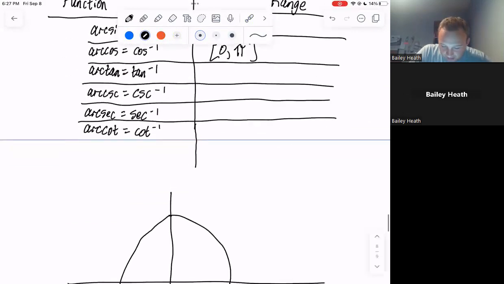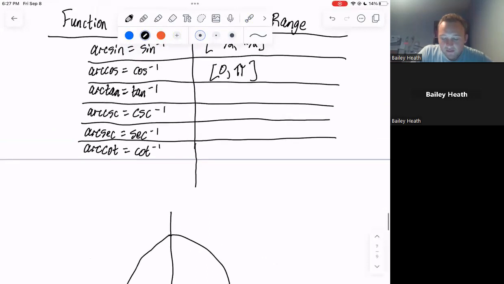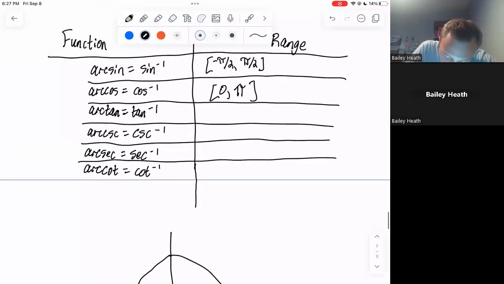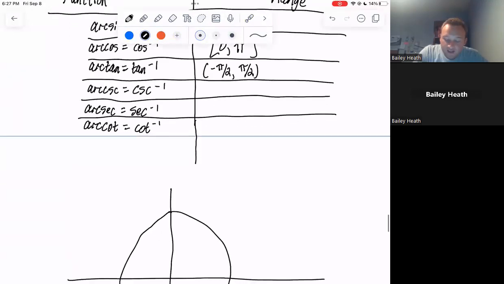Now, arctangent, the interval is fairly similar to arcsine. However, we chop off the endpoints. Now, why is that? Well, what is tangent of pi over 2? Well, that would be sine of pi over 2 over cosine of pi over 2.